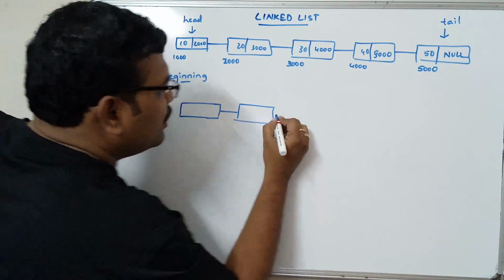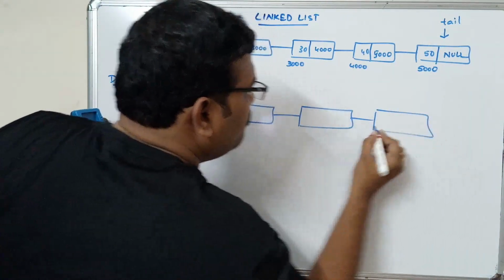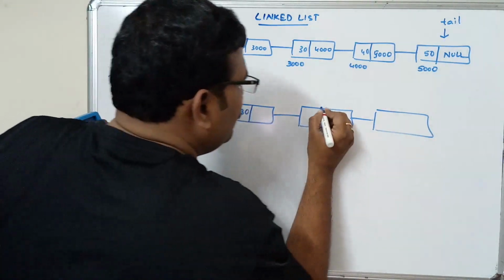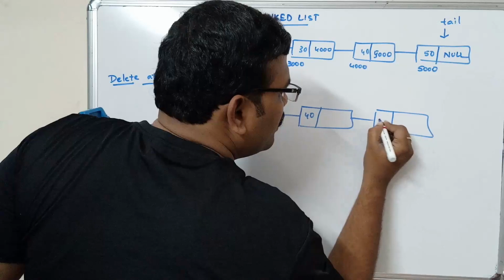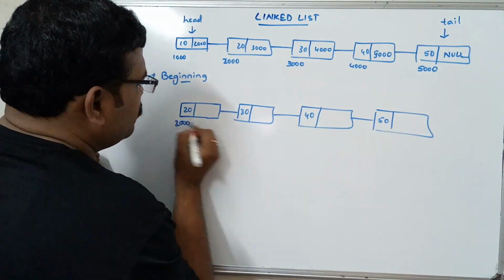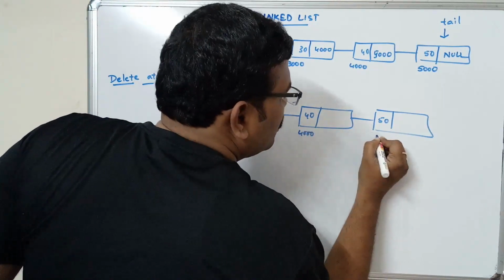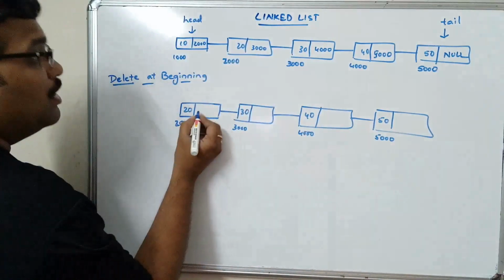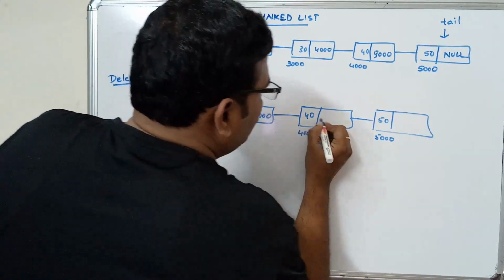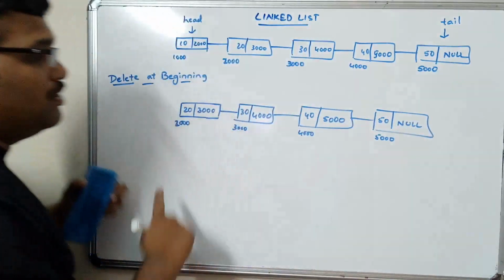Overall only 4 nodes will be available: 20, 30, 40 and 50. The memory locations are 2000, 3000, 4000 and 5000. Now the addresses will be 3000, 4000, 5000 and null.